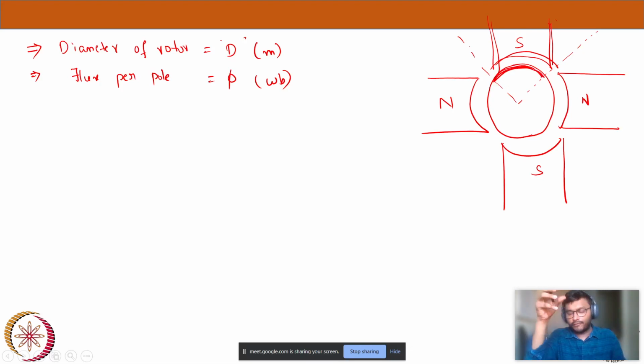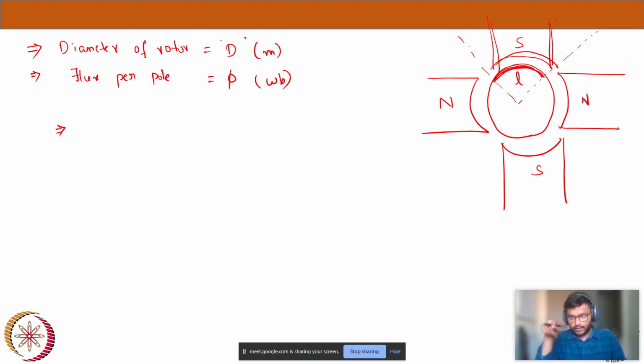Now you need to calculate the length of that particular part. Now how can we find that? Anybody have any idea how to get this particular length?